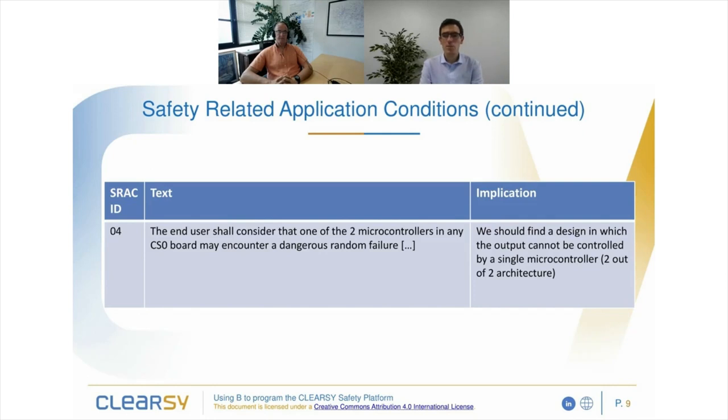You cannot take a permissive action with only one of the 2 microcontrollers, because in case of failure of the other microcontroller, you cannot enforce that you will reach the safe state. So it's something to have in mind since the beginning of the design of your solution. Something permissive has to be performed by both microcontrollers. So in our case, one microcontroller shall not be capable of lifting the barrier up on its own.